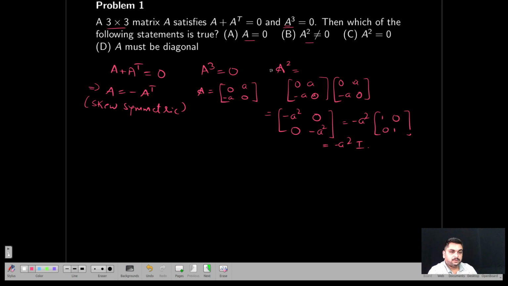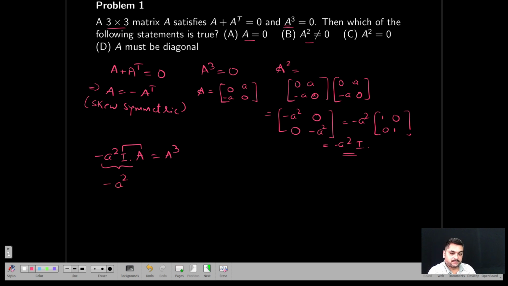Now, A cube equal to 0 they have given already. So let us find A cube also. This is minus A square I into A is A cube. This is A square, which I found out here, and then A. I into A is equal to A only.